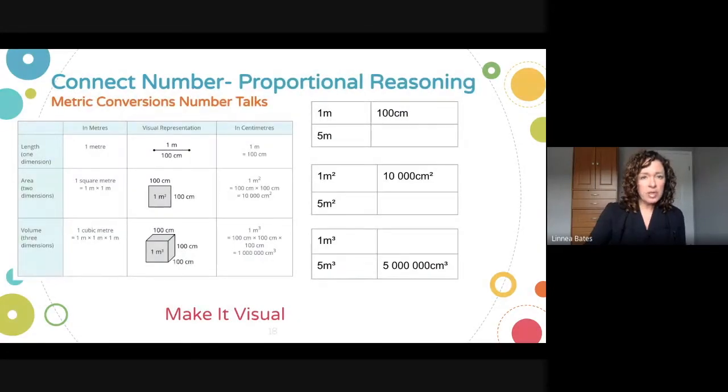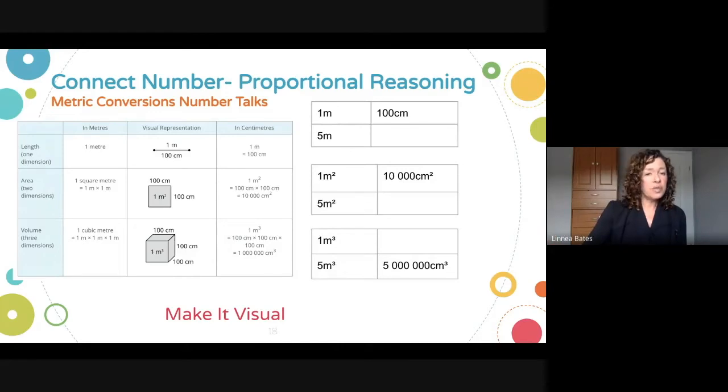We of course want to make those metric conversions really visual as well. You'll notice the table on the left is going from meters to centimeters. The middle column has that visual representation for students. For example, when we look at area, 1 meter squared, if we're looking at it in centimeters, is 100 centimeters times 100 centimeters, making it 10,000 centimeters squared in the end.